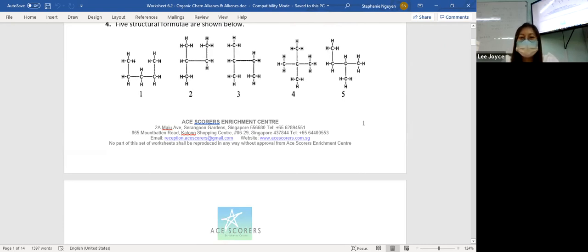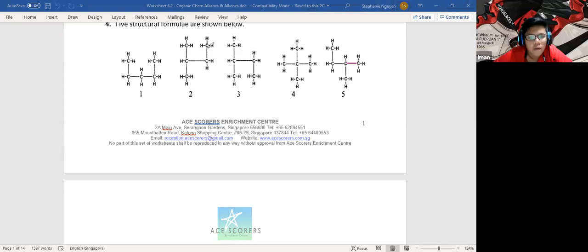You see, for 5, why do we consider this as the same molecule as that of 2 and 3? That is because we can actually turn this bond here. We turn this bond upwards, and we'll get this structure. You see?